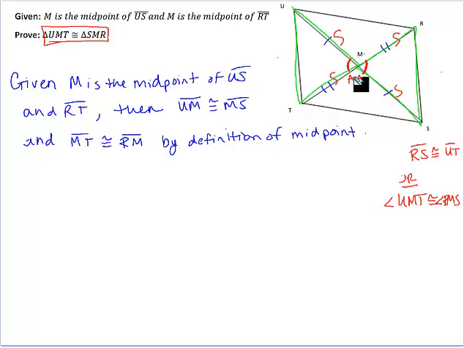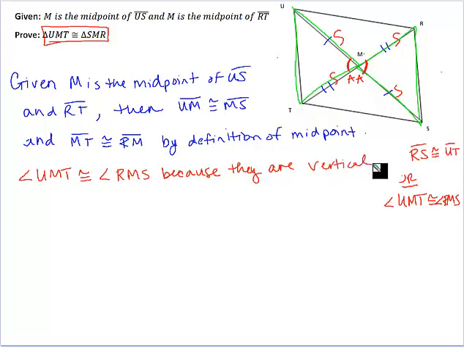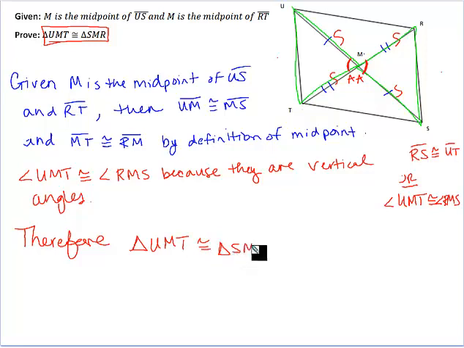So then we're going to say angle UMT is congruent to angle RMS because they are vertical angles. So now notice that we have a side angle side labeled on our diagram, so we have enough information to prove the triangles are equal. So we'll conclude, so we'll say therefore triangle UMT is congruent to triangle SMR by side angle side.